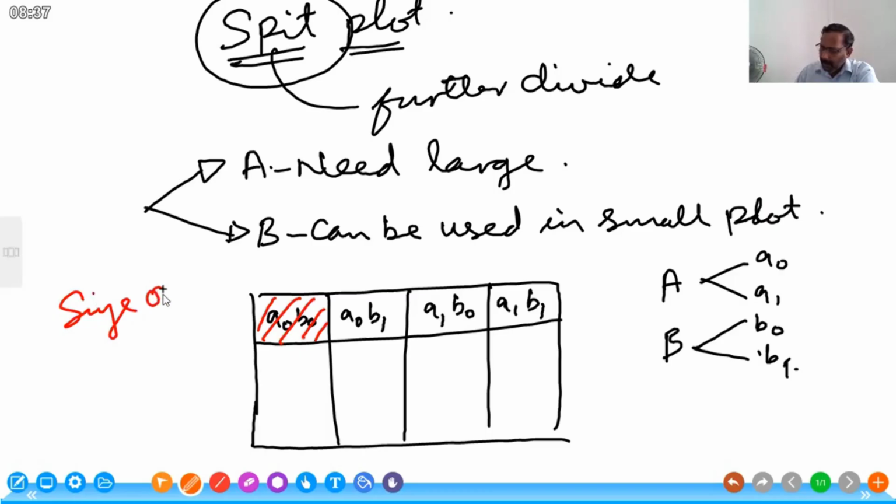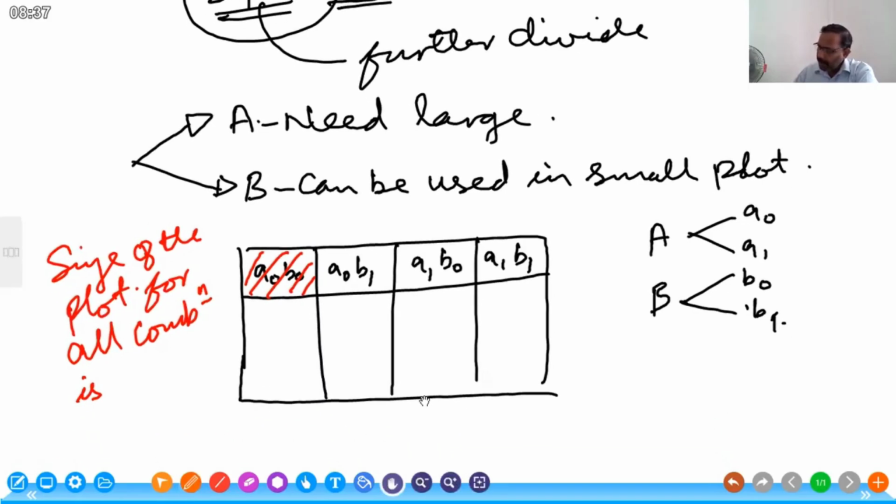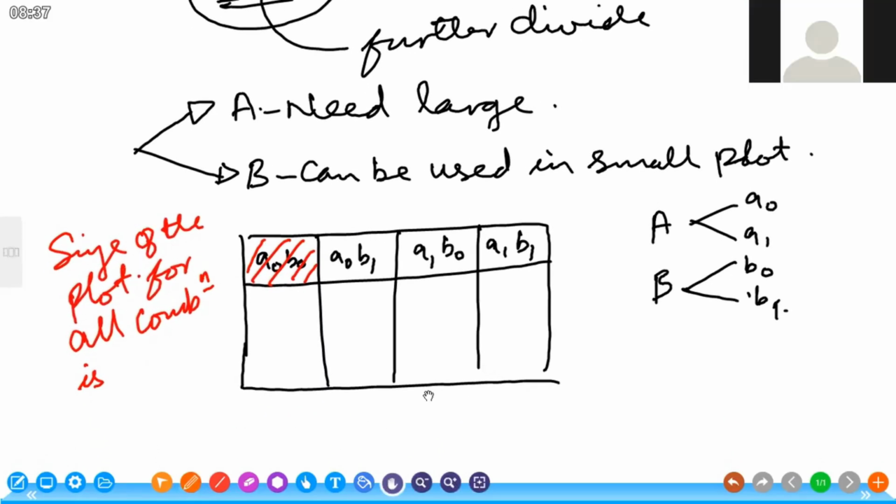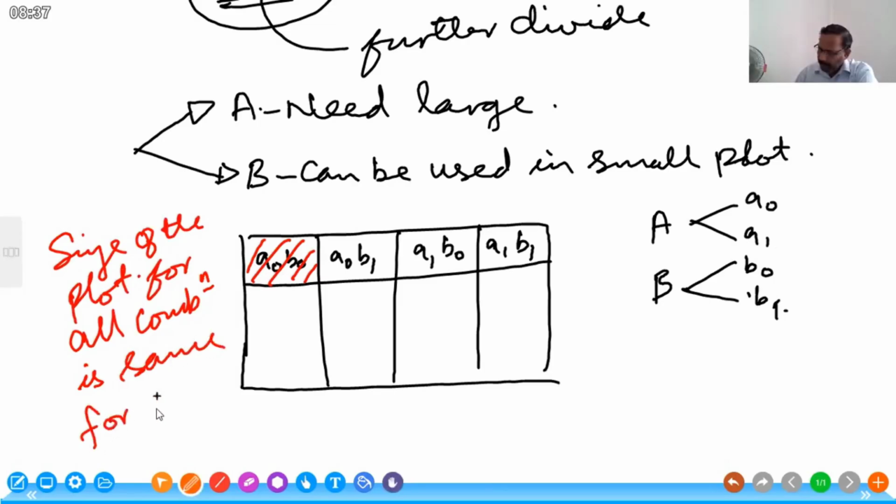Size of the plot for all combinations, is it same or different? Same. For factorial experiment, this is true. But in split plot design, which is not true.